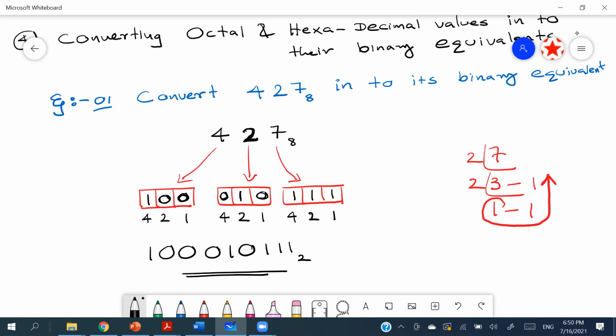We are going to create that 2 using these 3 values. Is there a table in your book? Yes, there is a table kind of thing in your book, but you really don't need to remember that. Just remember these values are there under this particular structure.